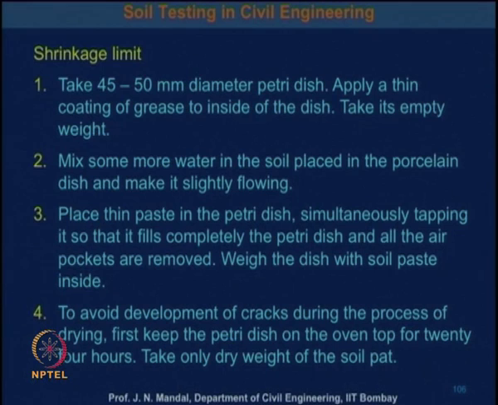Mix some more water in the soil placed in the porcelain dish and make it slightly flowing. Place a thin paste in the petri dish while tapping it, so that it fills the dish completely and all the air pockets are removed.